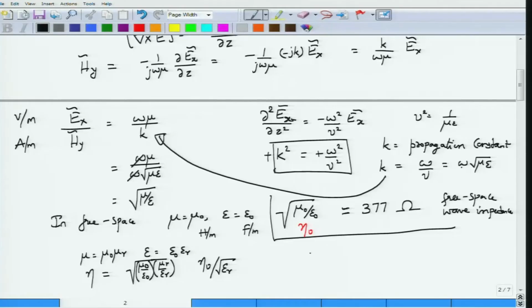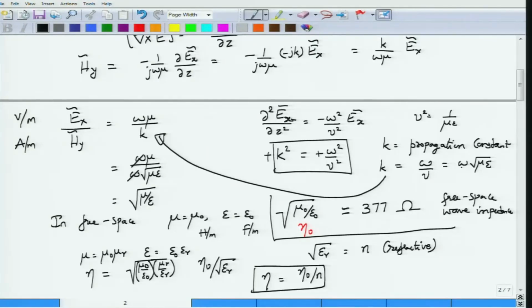And in one of the earlier modules we remarked that square root of epsilon r is nothing but the refractive index n. So I can equally write this eta as eta 0 divided by small n, okay.